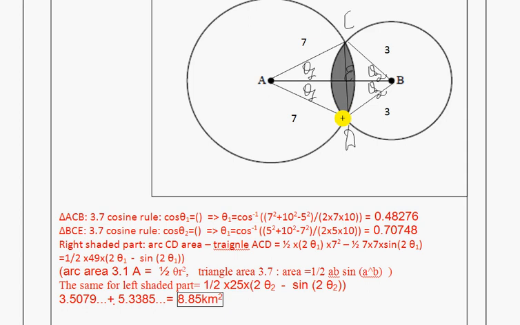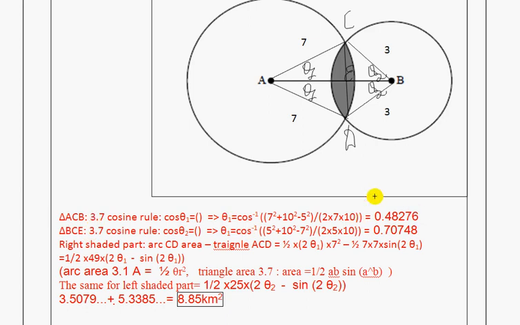To find angle theta 1, I use the cosine rule. So AB is 10, this is 7, this is 3. So I use the cosine rule to find theta 1. So the angle will be cosine inverse. So I have written everything here. Now I know angle theta 1. This angle will be 2 times more.